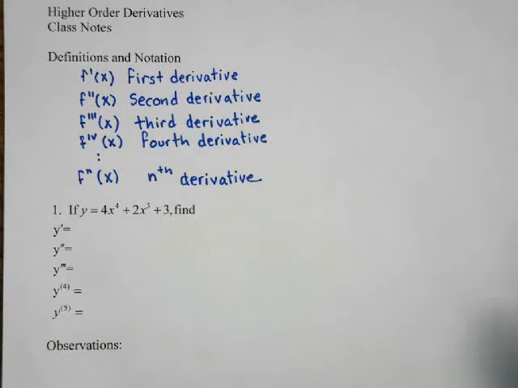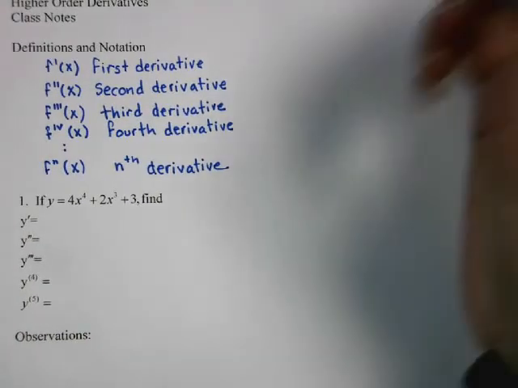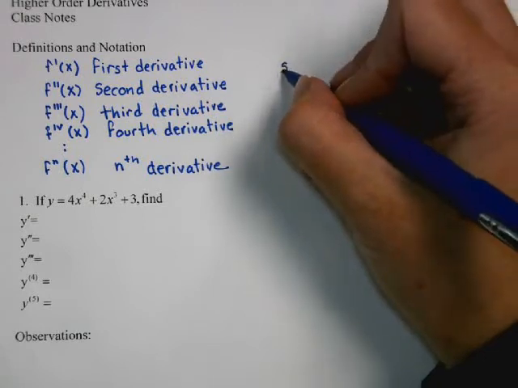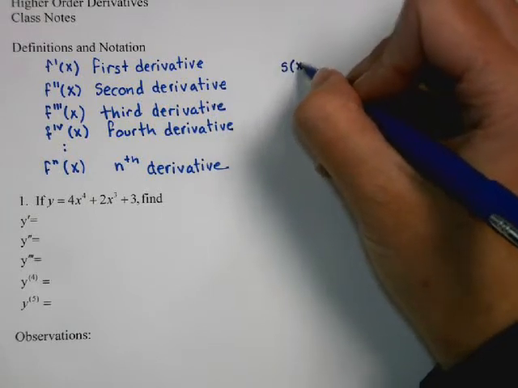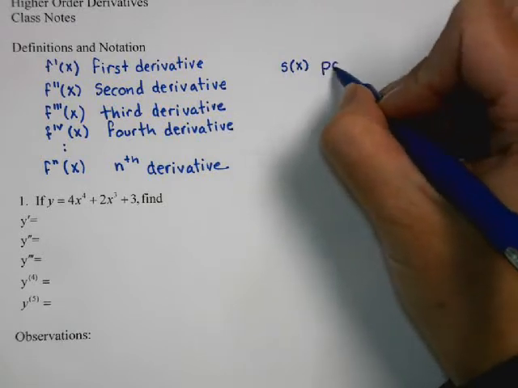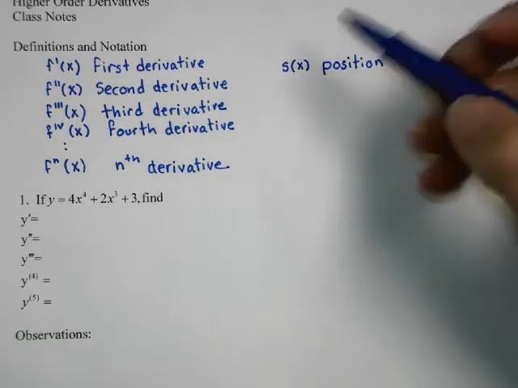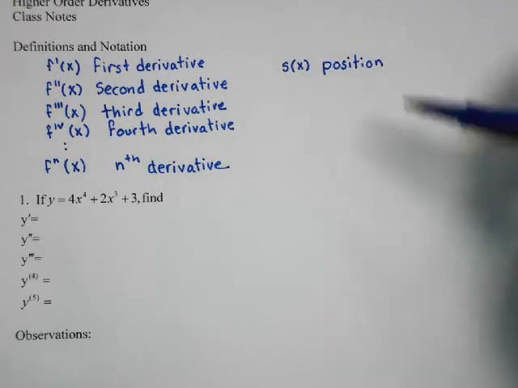Okay, so why would we want to continue to take derivatives? Well, one good example, and those of you in physics already know this. If we have s of x, that's going to be position. And there's different notations that we can use for that, but I'm just going to use s.